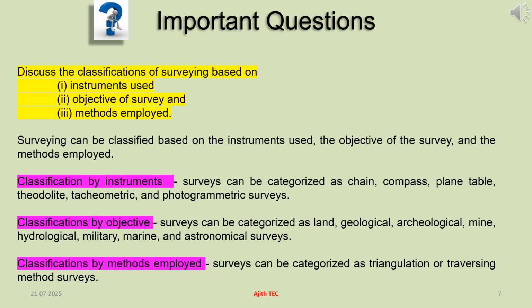Classification by objective: surveys can be categorized as land, geological, archaeological, mine, hydrological, military, marine, and astronomical surveys. Classification by methods employed: surveys can be categorized as triangulation or traversing method surveys.